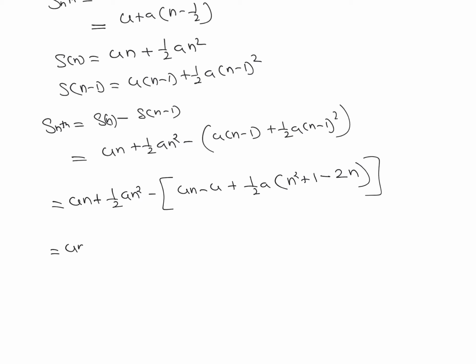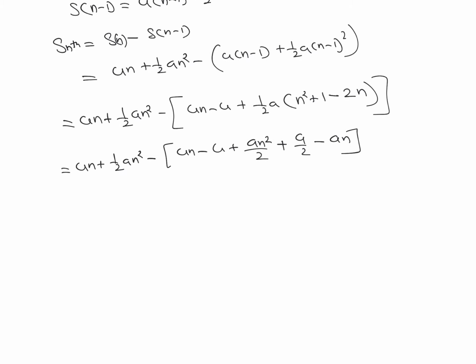So we can write this as un + (1/2)an² - un + u - an²/2 - a/2 + an. So we can write this equal to un + (1/2)an² - un + u - (1/2)an² - a/2 + an.